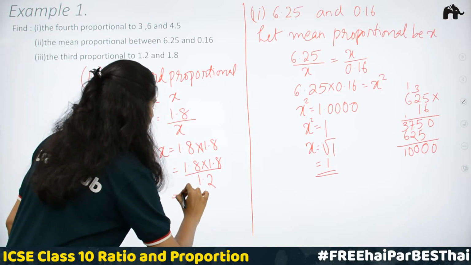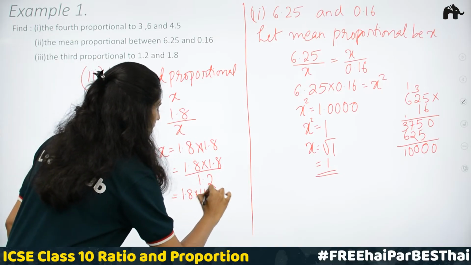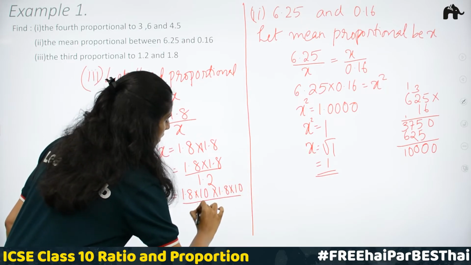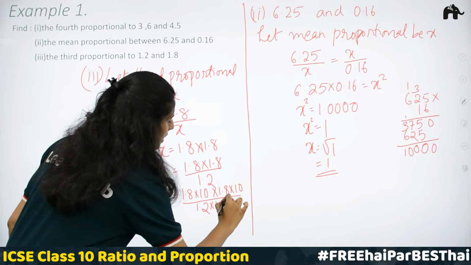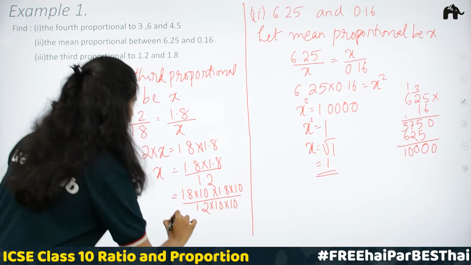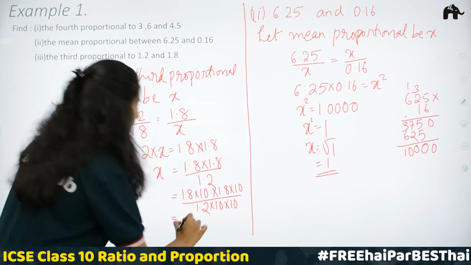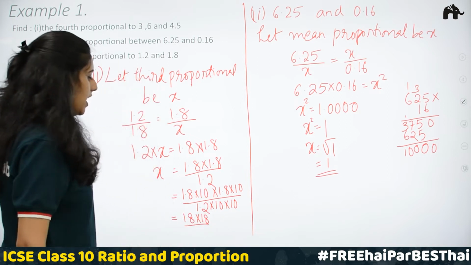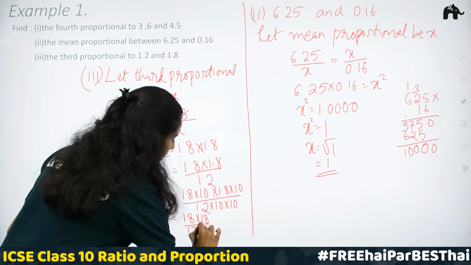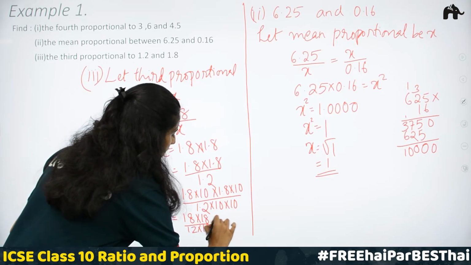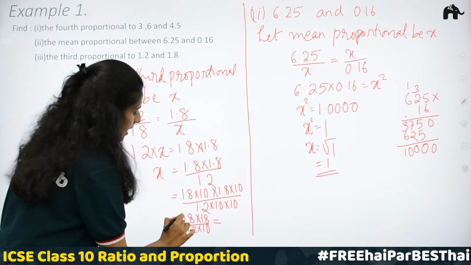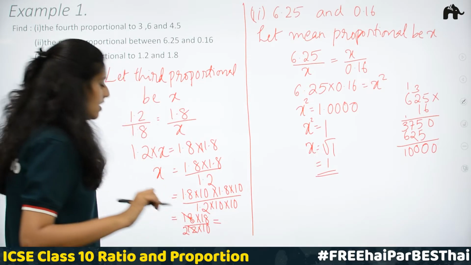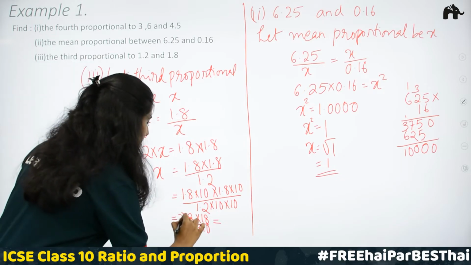This becomes 1.8 into 10 into 1.8 into 10 divided by 1.2 into 10 into 10, which is equal to 18 into 18 divided by 12 into 10. 18 and 12 can be cancelled. 6 twos are 12 and 6 threes are 18.